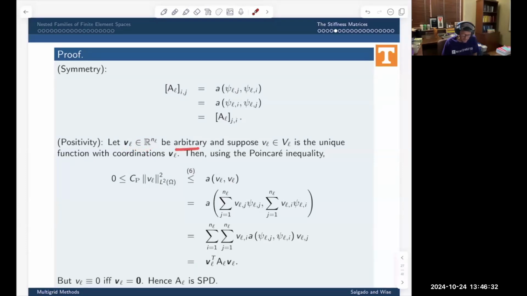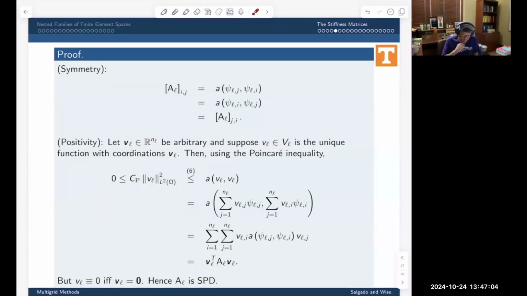If that's arbitrary, then that has associated to it something more or less arbitrary in V_L. That's the finite element function such that the coordinate vector for that finite element function is just this bold v_L. Okay, so this finite element function has some coordinate vector, and we've decided to make the coordinate vector arbitrary, but that somehow confers some arbitrary nature to this finite element function v_L.